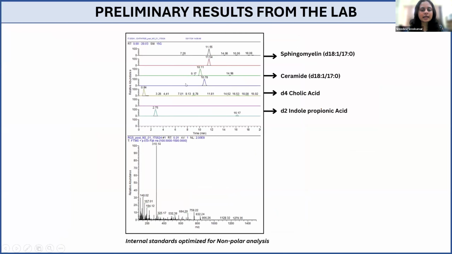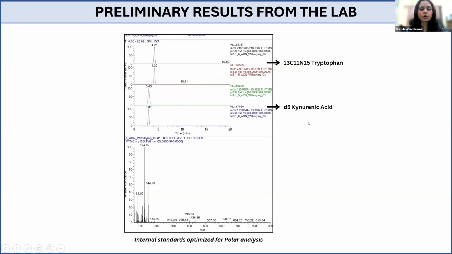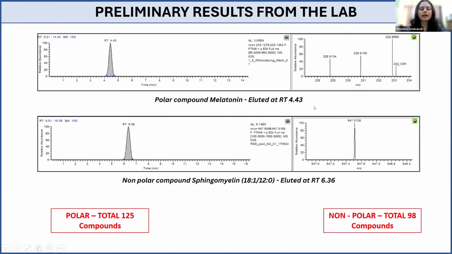I have standardized a method, just with standards right now, for both non-polar and polar analysis. In non-polar analysis, I have standardized the method for sphingomyelin, ceramide, cholic acid, and indole propionic acid. Coming to polar, I have standardized the method for tryptophan and kynurenic acid. For non-polar metabolites, I had targeted a total of 150 compounds, and I was able to obtain 125 compounds out of that.